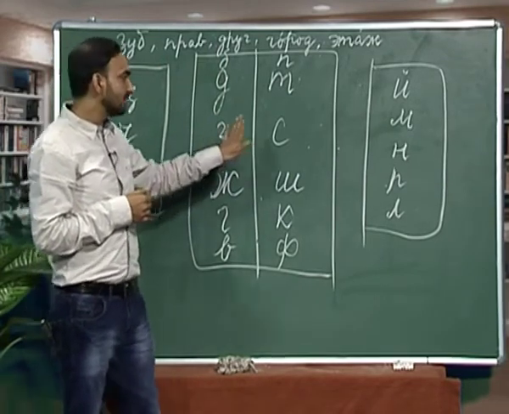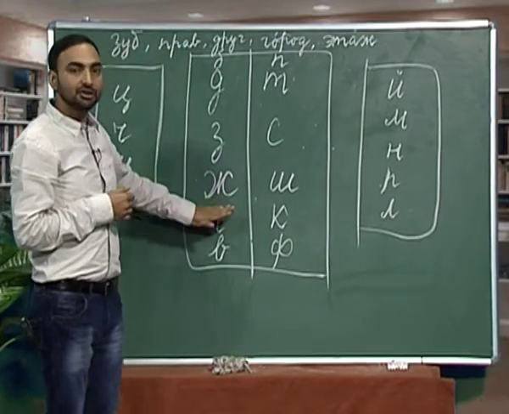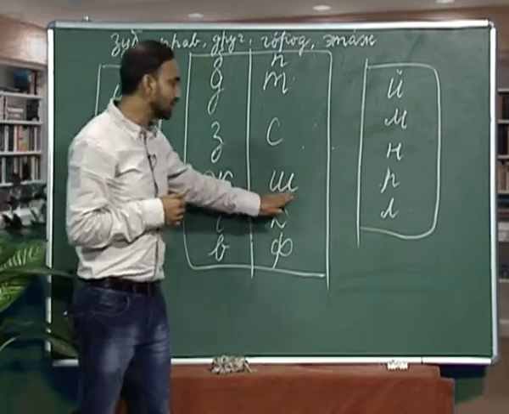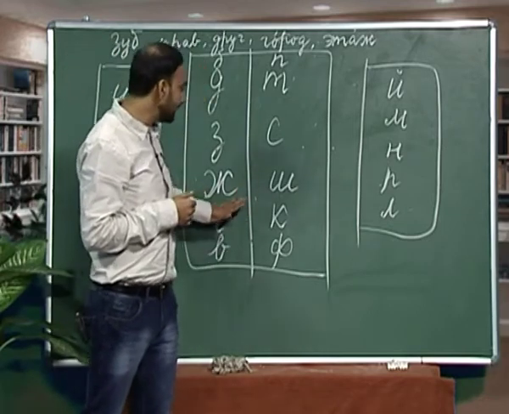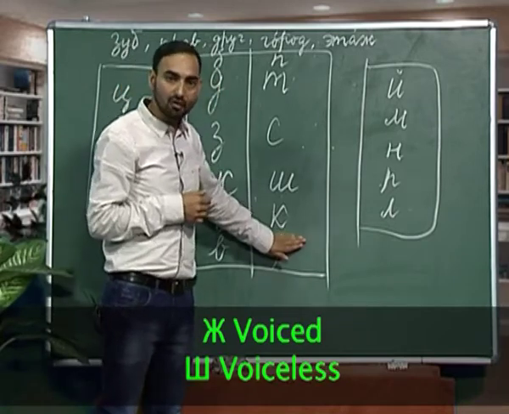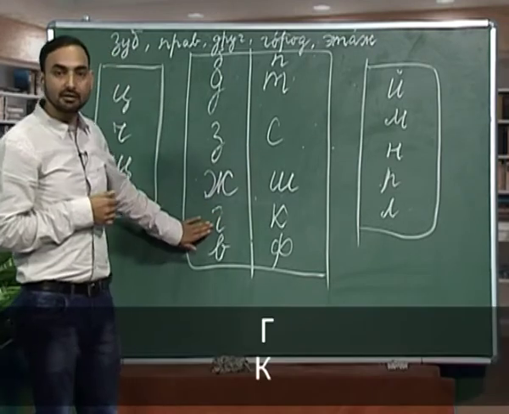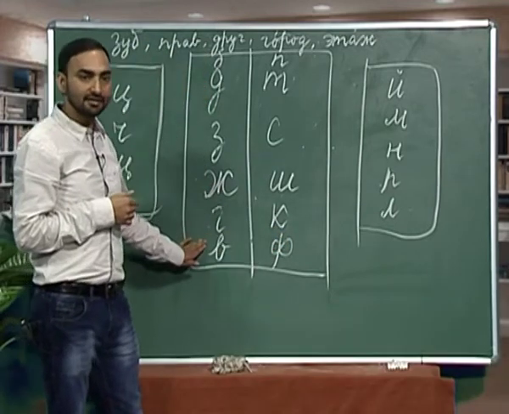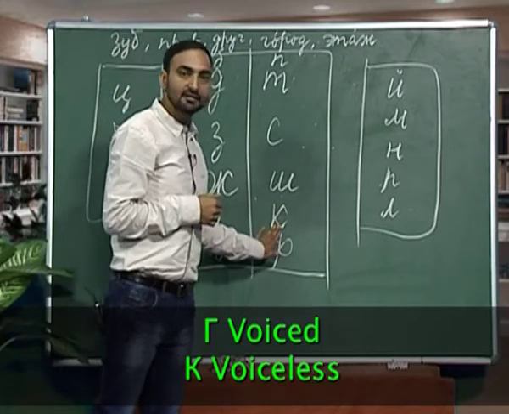Z, S we have already discussed previously. The next we have is J and Sh. Again the place of articulation is the same, but J is a voiced consonant and Sh is a voiceless consonant. The next pair that we have is G and K. Both are velar sounds, but G is voiced and K is its voiceless counterpart.